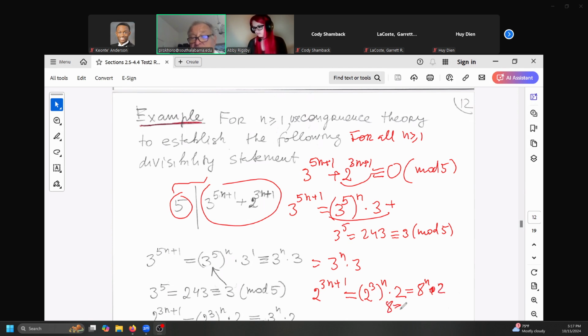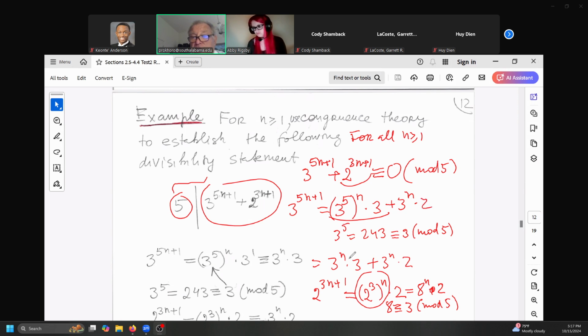But 8 is congruent to what modulo 5? Help me find it. What is 8 modulo 5? It's 3. So instead of 2 cubed to the power n, we can write 3 to the power n, and then the coefficient is 2.